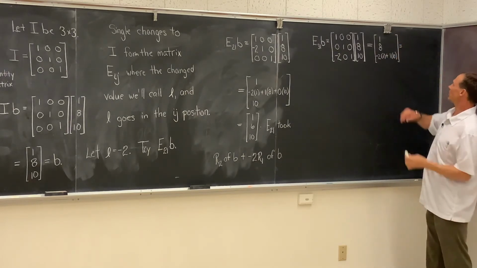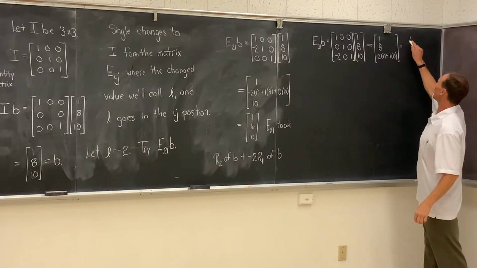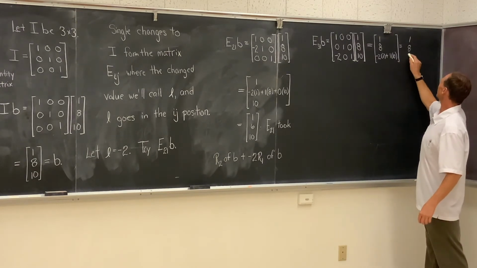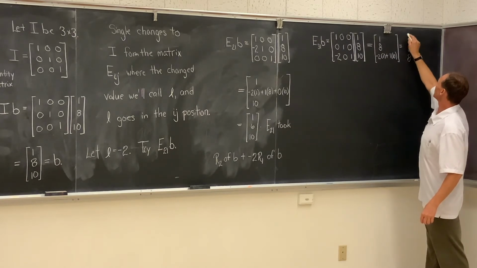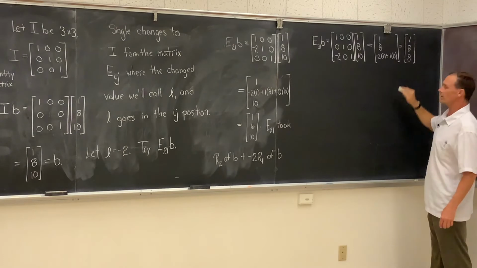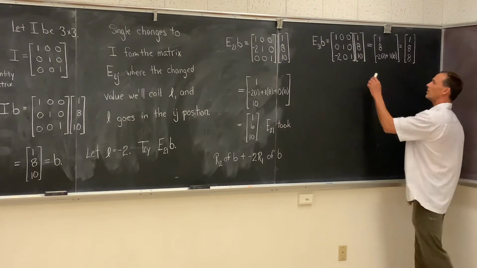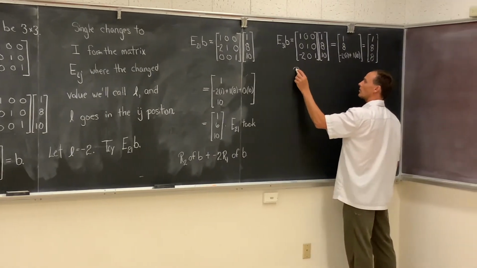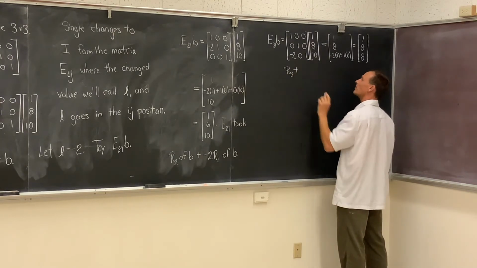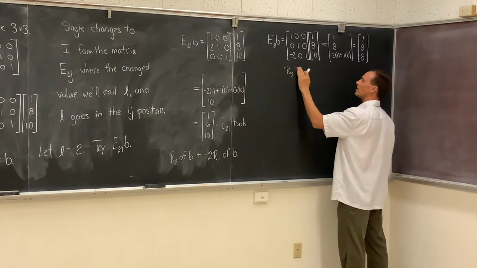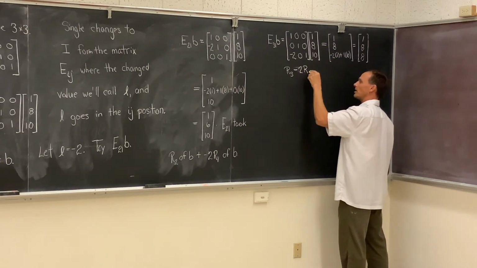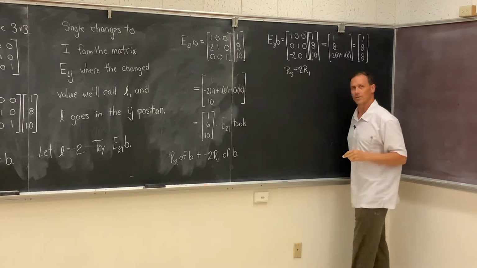So this is just going to give me the vector of 1, 8, 8. Okay. Now, in other words, what did this do? This is really taking row 3 and adding to it -2 times row 1 and putting it into the third position.